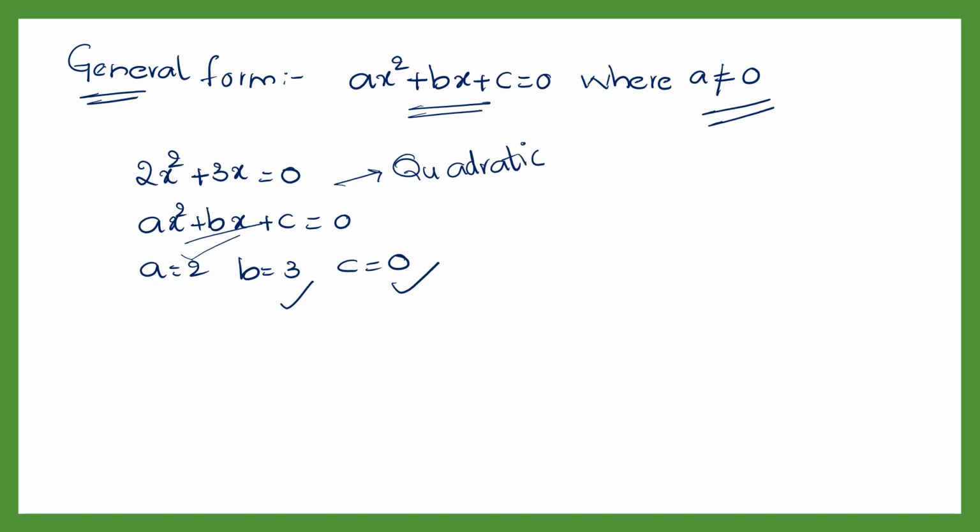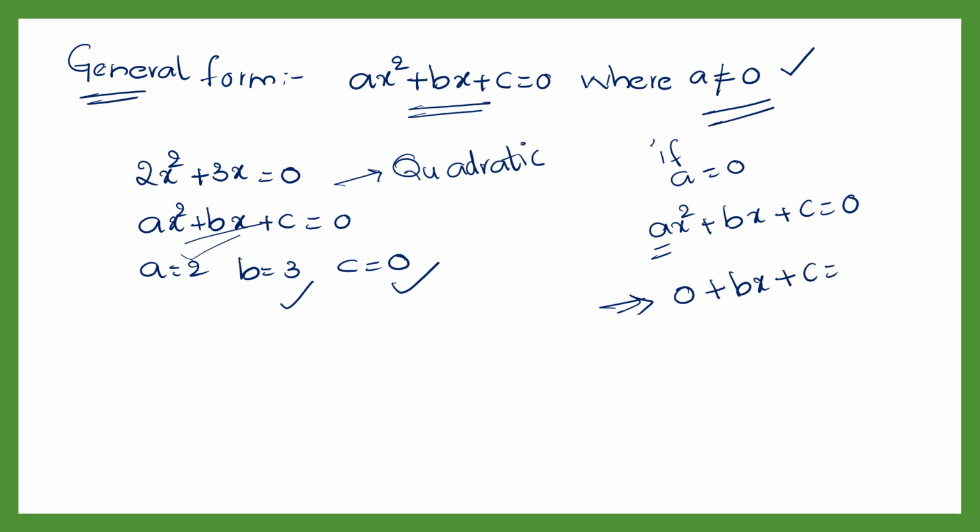See why they are telling only this condition, a not equal to 0. Let's see. If a is equal to 0, the equation ax square plus bx plus c is equal to 0 will become what? Here a is 0, so it will become 0 into x square, which is 0, plus bx plus c is equal to 0. That means the equation will become bx plus c is equal to 0.